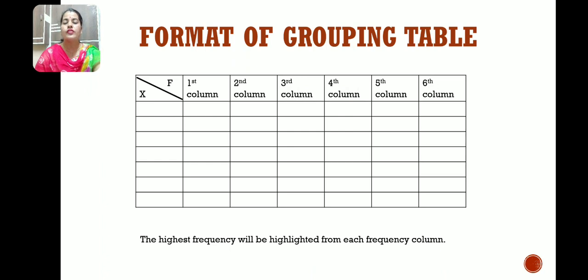In a question you have to make this kind of format. Horizontally you will write F, first column, second column, third column, fourth, fifth and sixth column, and vertically you have to write X. The highest frequency will be highlighted in each frequency column. Whatever the highest frequency in each column after adding, after pairing, you have to highlight.